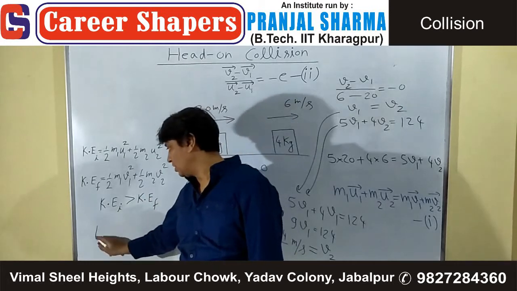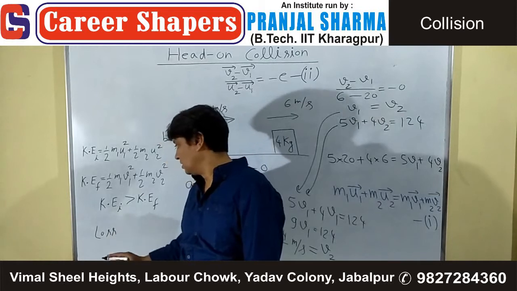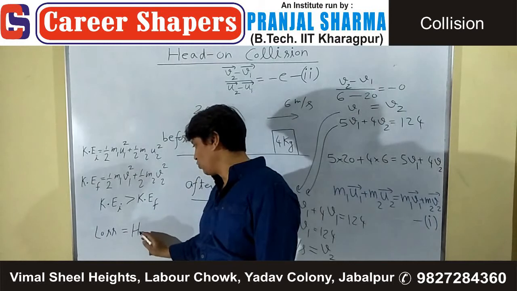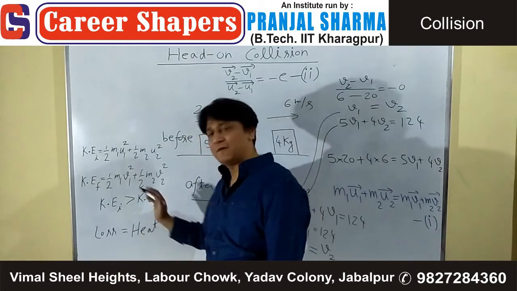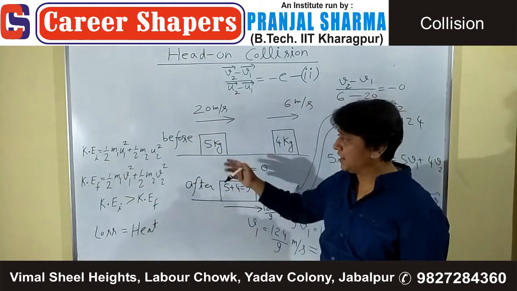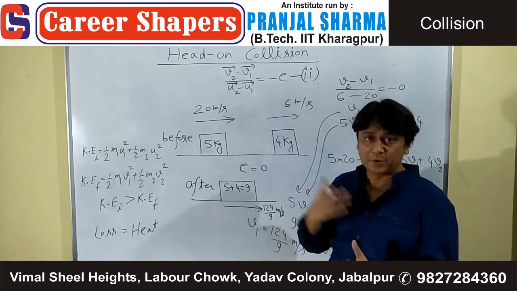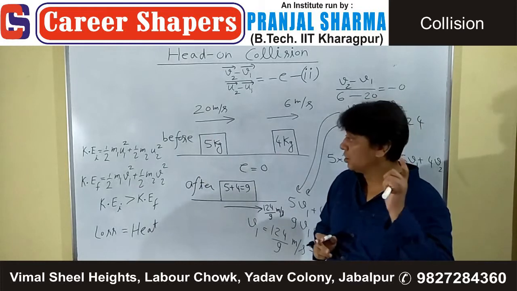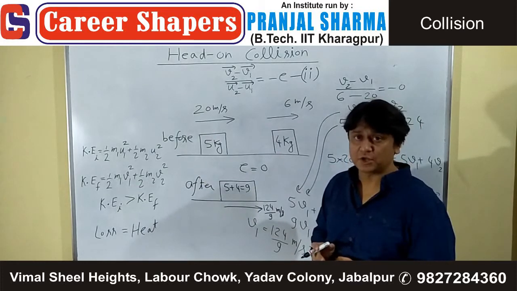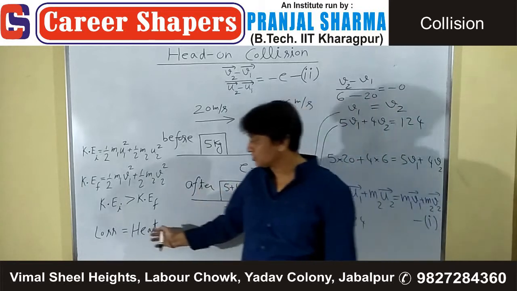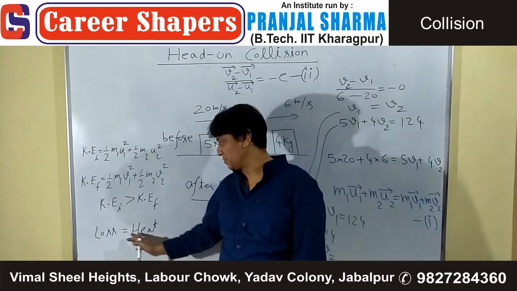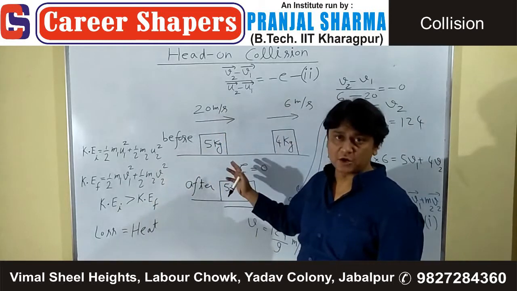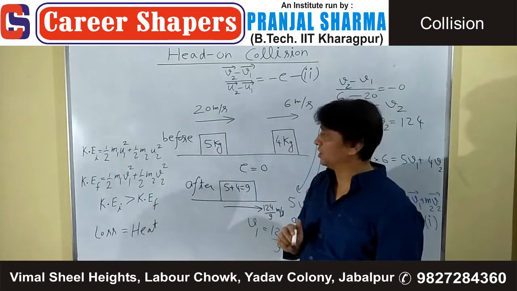And therefore the loss is equivalent to heat. Whatever loss in kinetic energy takes place appears in the form of heat. That loss of mechanical energy appears in the form of heat. When you say mechanical energy, there are two energies, kinetic and potential.